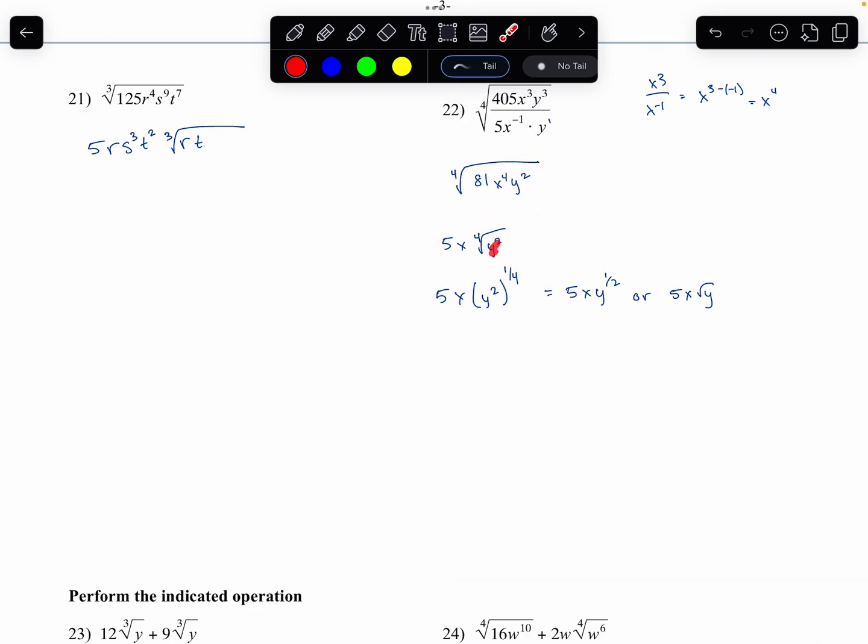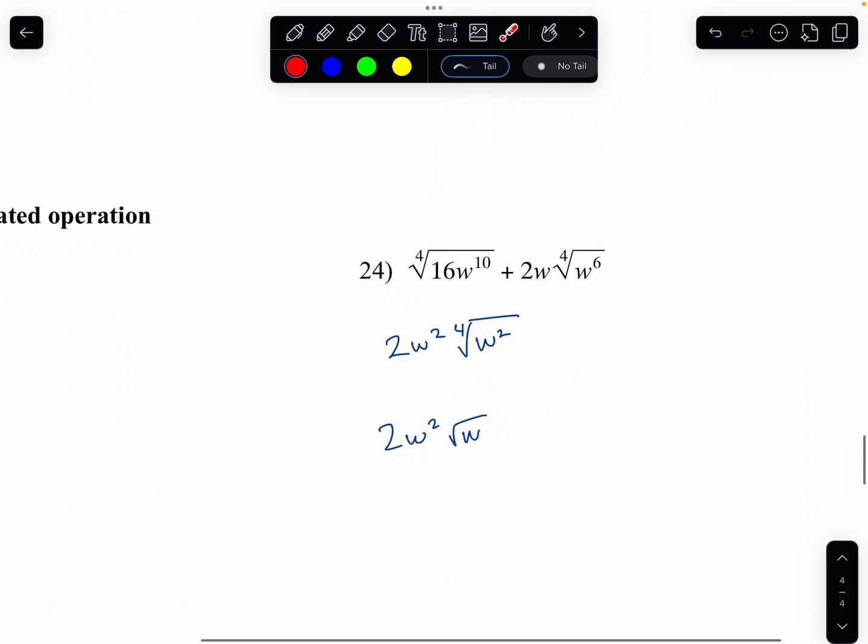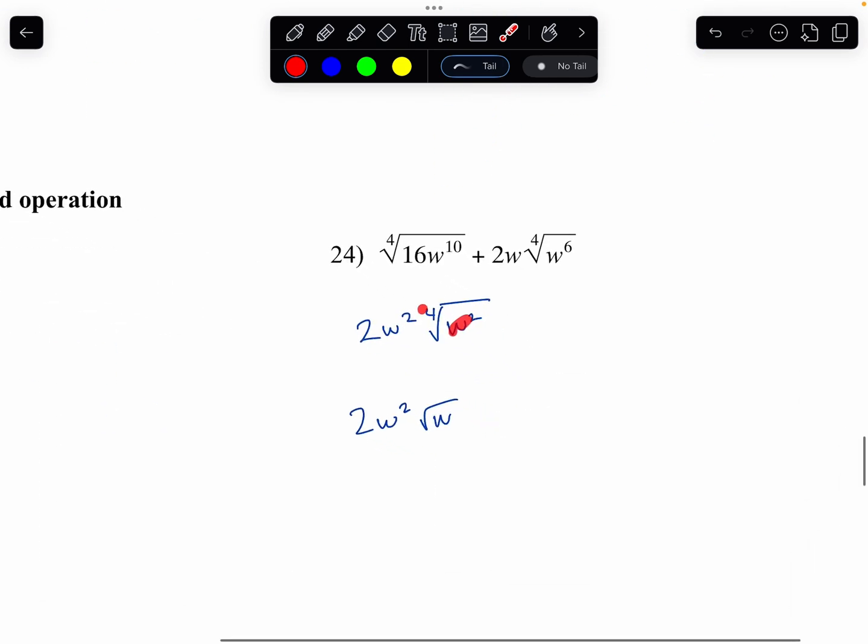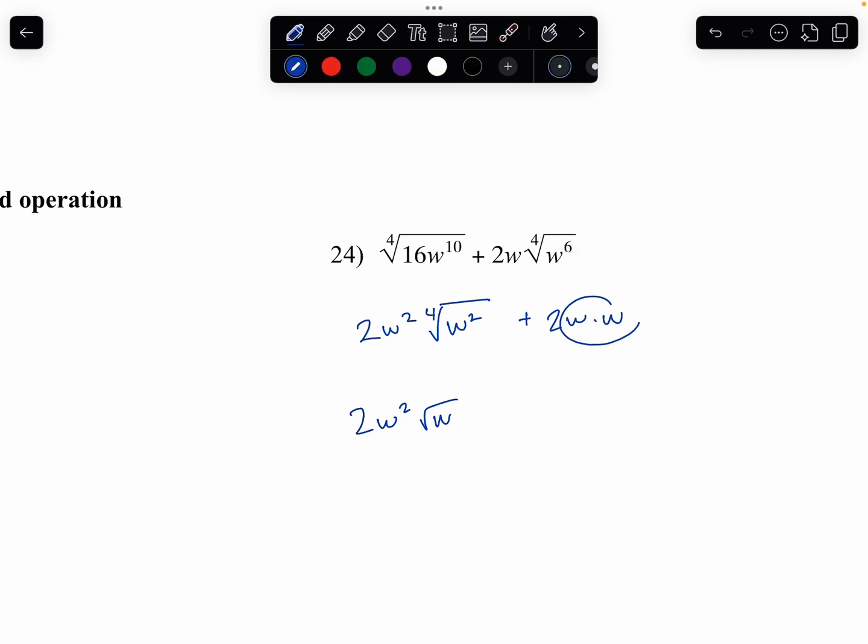Add, y squared fourth root, w squared fourth root, so same thing. And then here for the next one, so that would be plus 2w. 4 goes into 6 once, so I can take out another w, which would make this w squared. And then I'd have the fourth root of w squared.